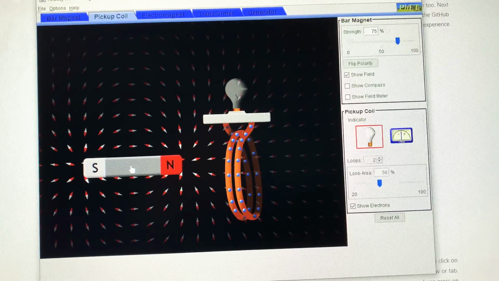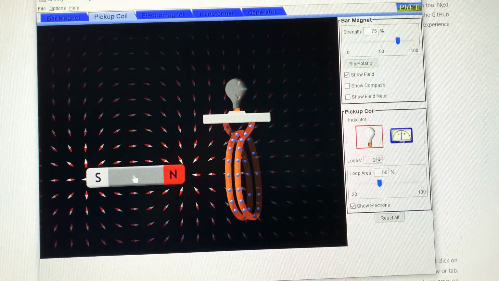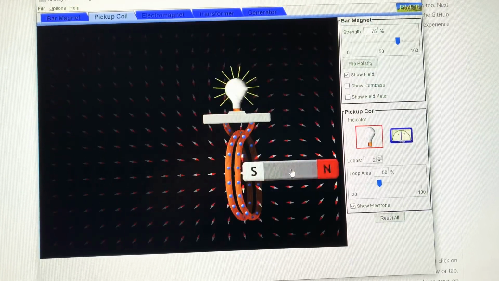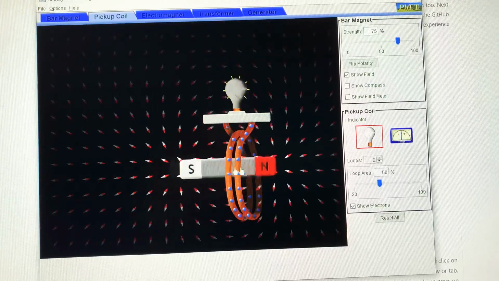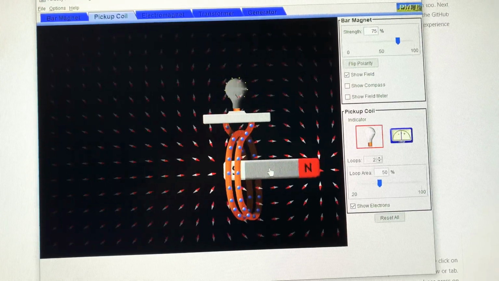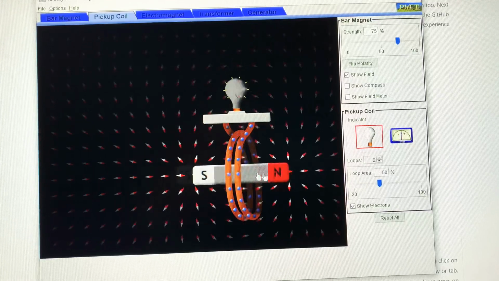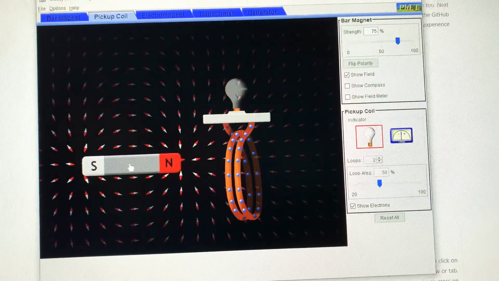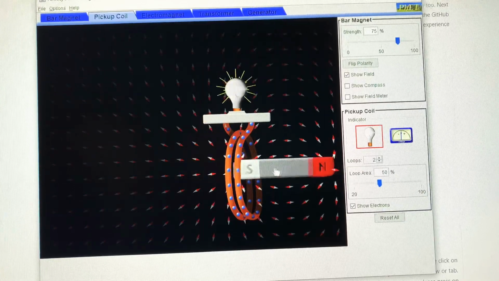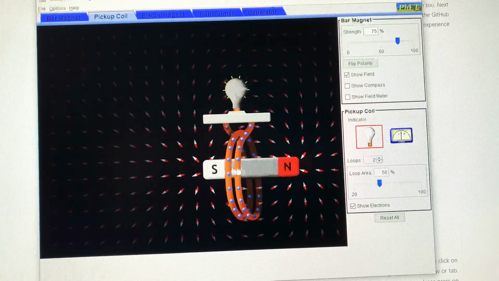When I move the magnetic field in relation to the copper wire, watch what happens. You should see that a couple things are occurring. One is obviously the light bulb is lighting up, but how is that happening? Where's the battery at? Well, we don't actually need a battery to induce a potential difference in the coil.